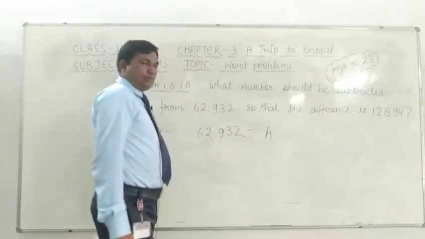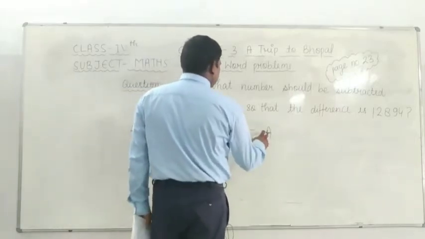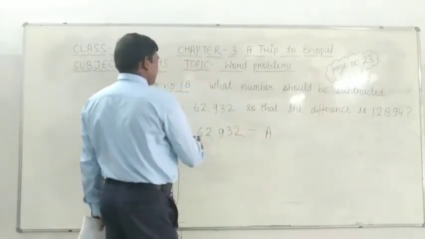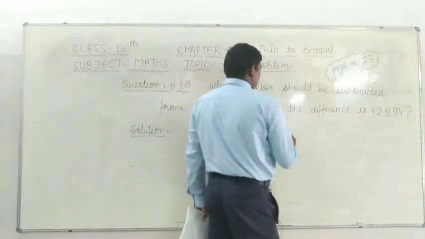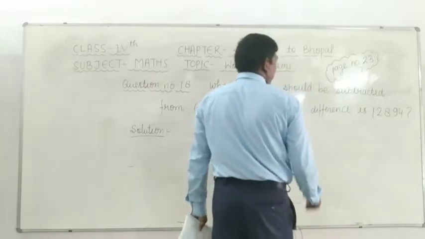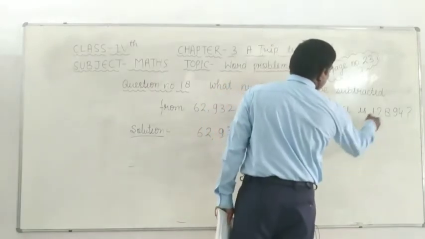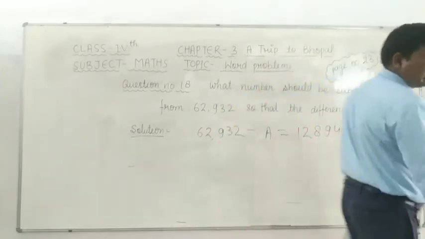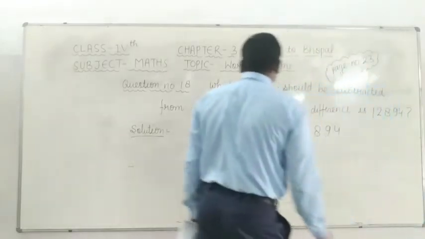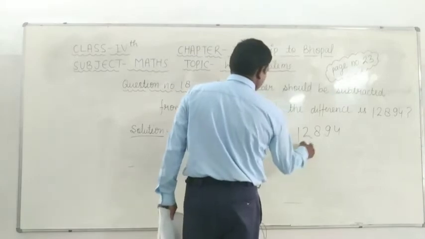Suppose we subtract A from 62,932, then we get the difference 12,894. Okay, after replacing these, look here carefully.